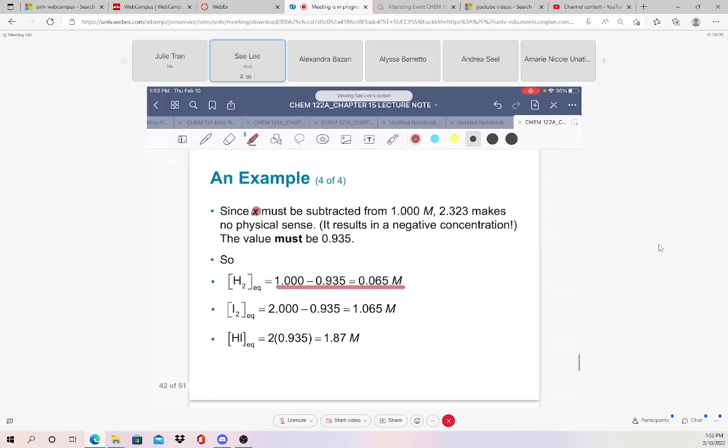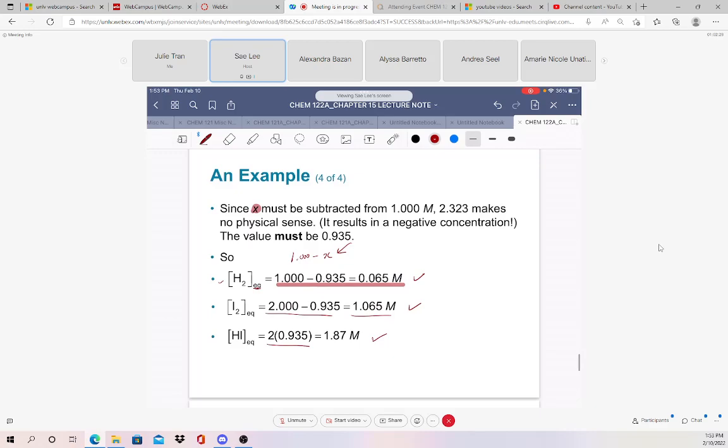You just plug into the equation where it says 1 minus x, you plug in x, and you get this. 2 minus x, you get this. And 2 times x, you get this. So you have finally found the equilibrium concentrations for reactants and the product.